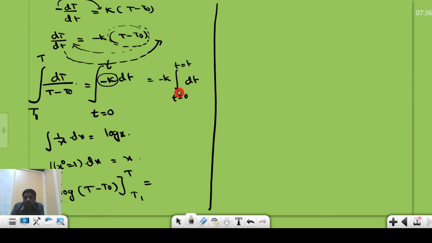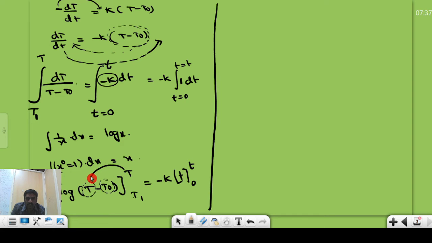So that is equal to, here is the negative k, and nothing else means 1, into dt. We are integrating this equation with respect to time. You will get the time, with lower limit 0 and upper limit t. Now this T naught is the constant parameter, that is the temperature of the surrounding. The upper limit and lower limit must be applied to the variable value, that variable is the temperature of the hot body.